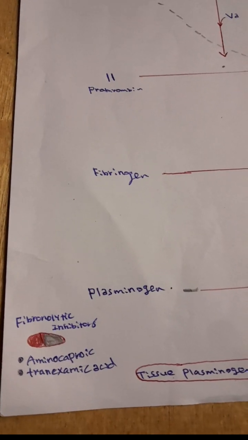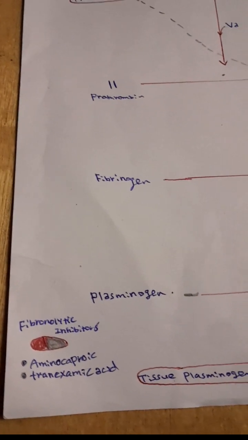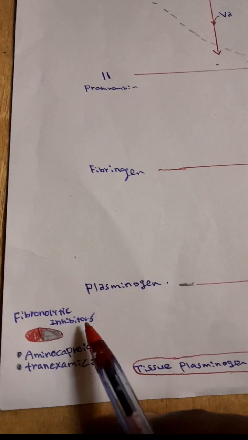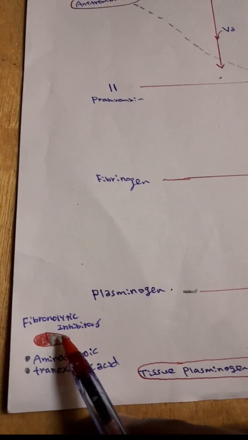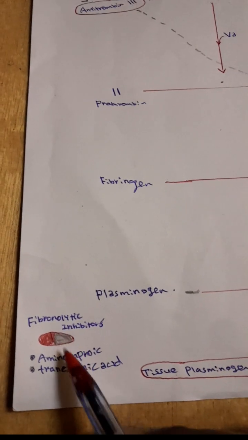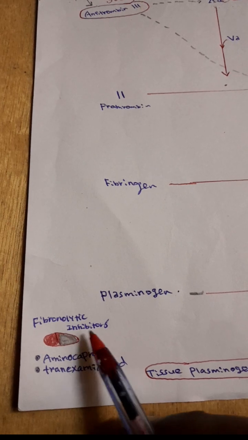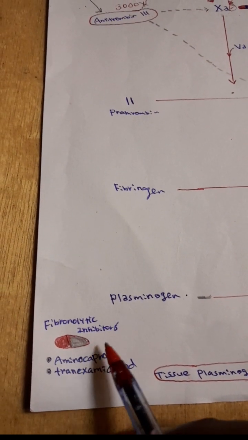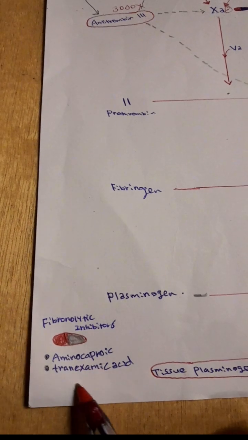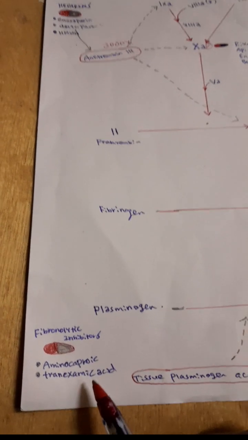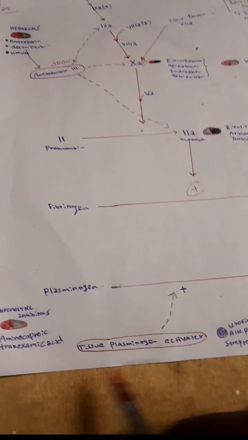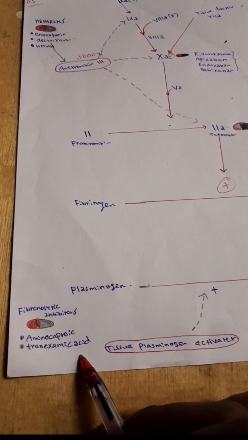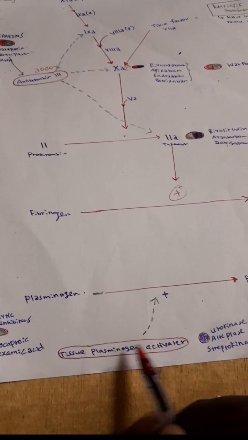The other group of drugs is the coagulant drugs, or fibrinolytic inhibitors. These inhibit the clot breakdown cascade. These are aminocaproic acid and tranexamic acid. They are competitive inhibitors of tissue plasminogen activator.